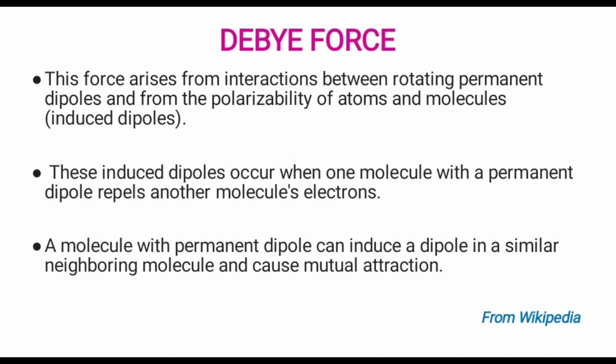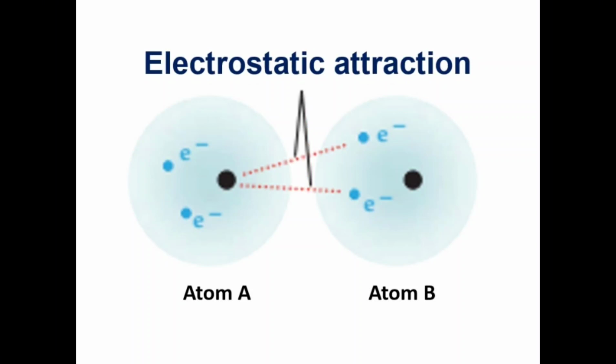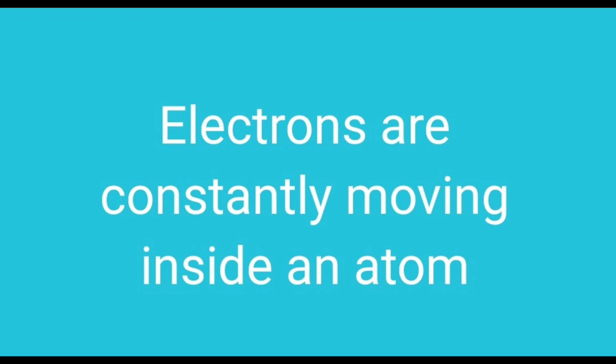What about the Debye force? They occur between a permanent dipole and an induced dipole. But how do these induced dipoles occur? Let's think. What is an induced dipole? A molecule with a permanent dipole can induce a dipole in a similar neighboring molecule and cause mutual attraction. Have a look. We have an atom A and atom B. We know that electrons are constantly moving inside the atom.